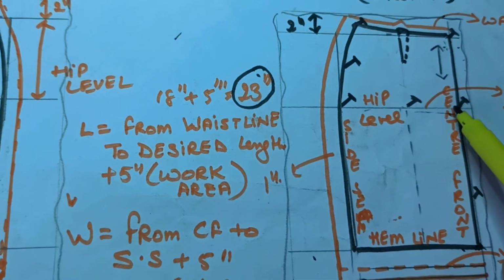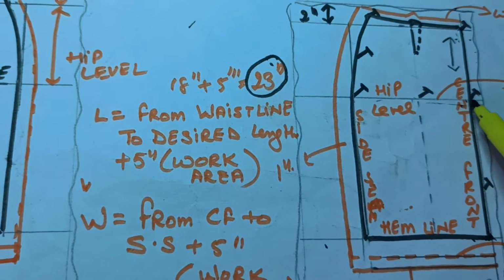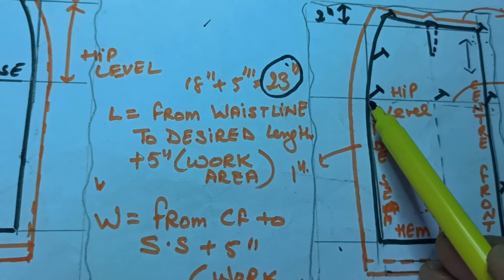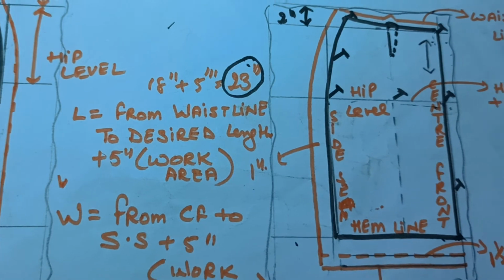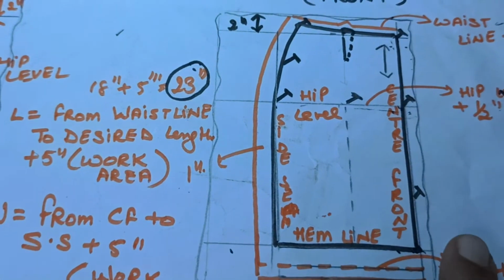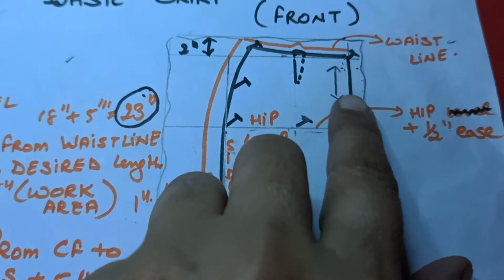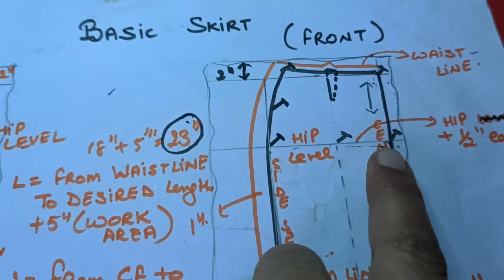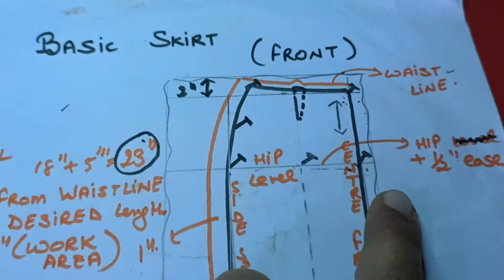So for width-wise marking, you will be drawing from center front to the side seam. You will measure on the dummy कितना distance आता है from center front to side seam. You will take hip level plus half inch ease.